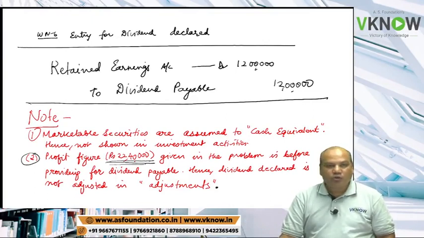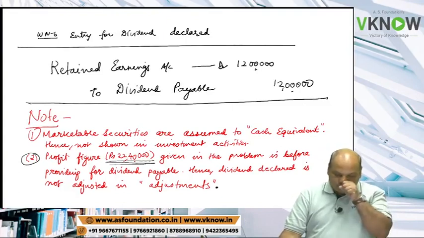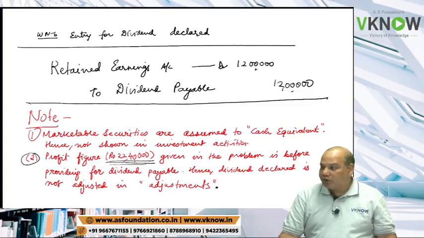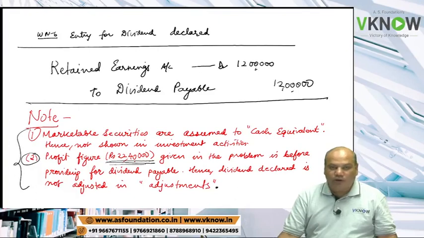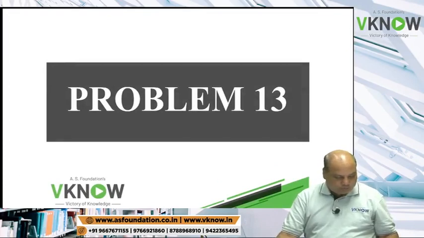Since dividend is not deducted in arriving at 22 lakh 40,000, it won't be added back. Okay, any further query is welcome after these two notes. No query, no question.